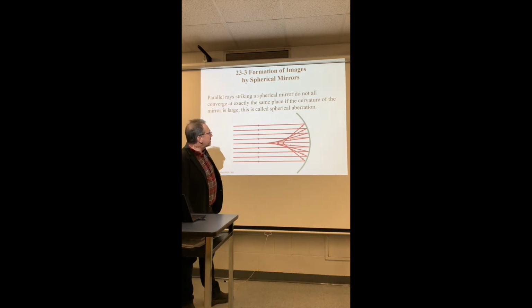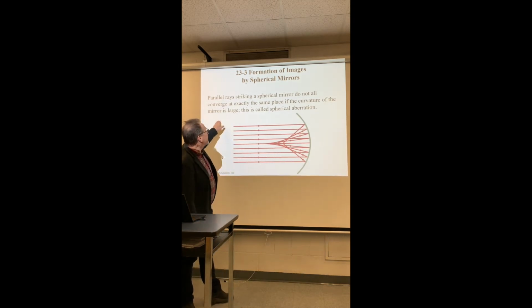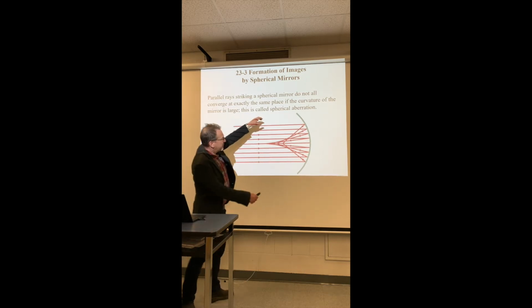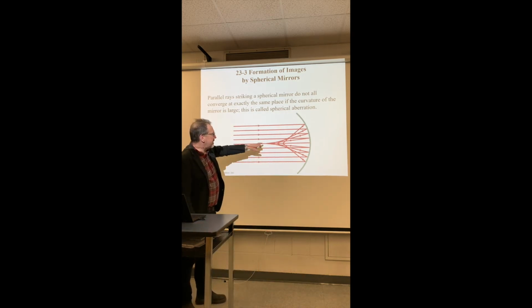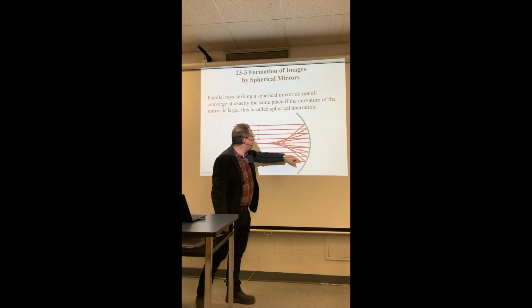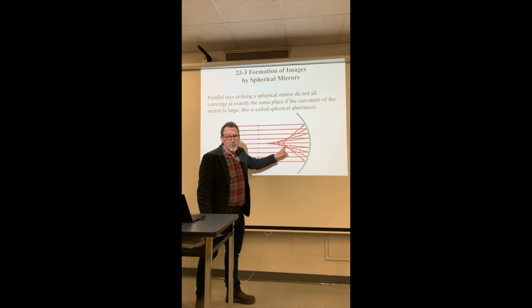Now it says here, if the curvature of the mirror is large, it means it curves around a lot. I think this is a bit confusing because this has a small radius of curvature, meaning that it's very curved, right? So in this very curved mirror, the points don't come to the same focus.